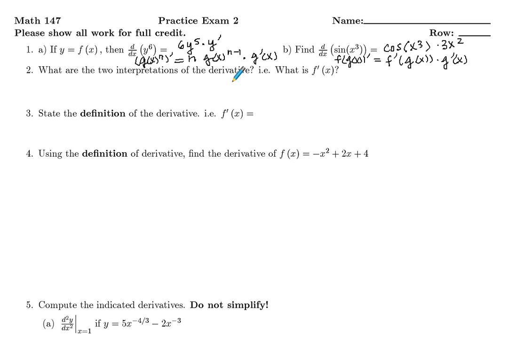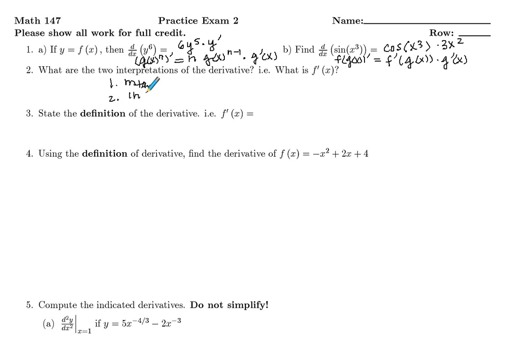Two interpretations of the derivative. Number one, slope of the tangent. And number two is instantaneous rate of change.